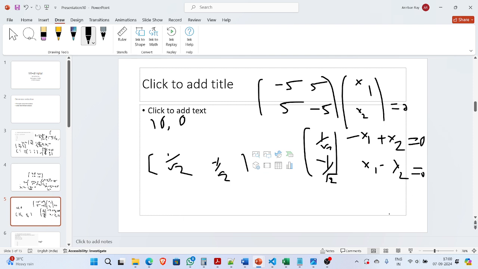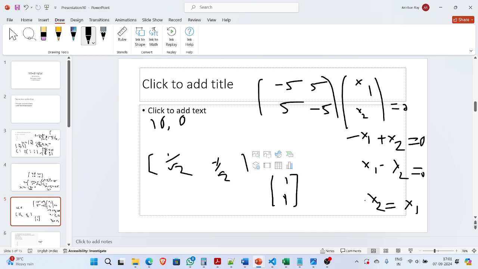So same, right? What it means is x2 equals x1. So this is the eigenvector, 1 1. And to normalize it, okay, so this is the one.